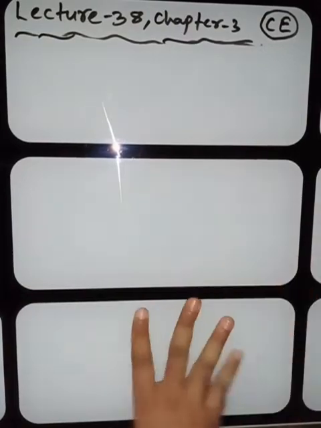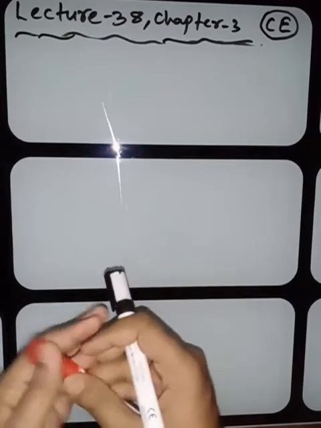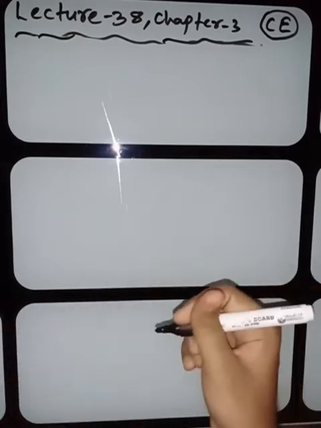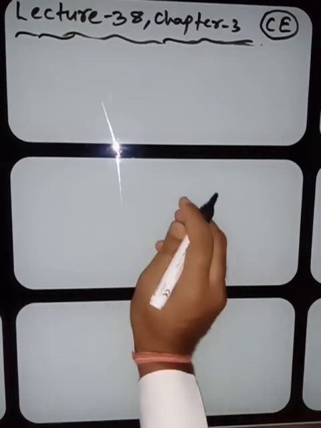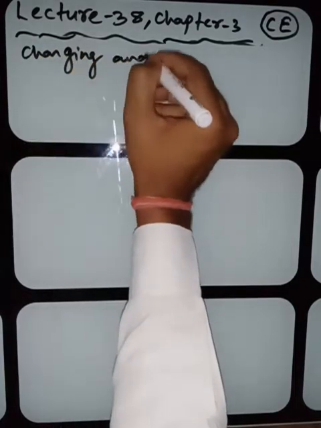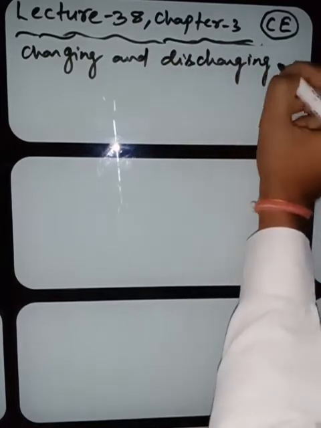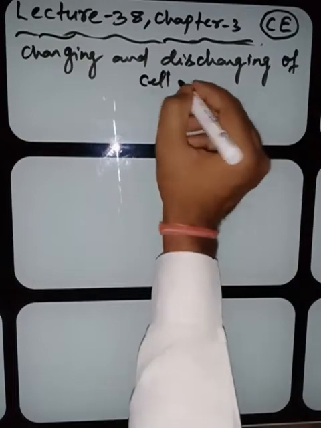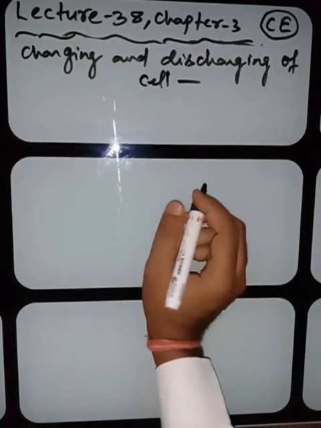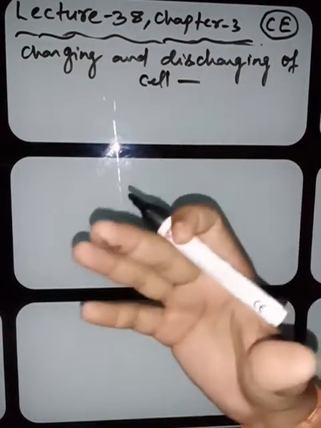Now my dear students, we will see the concept of charging and discharging of a cell, because in NCERT 3 to 4 questions are given. So we will study the concept of charging and discharging of a cell. When will we say a cell is charging, and when will we say a cell is discharging?